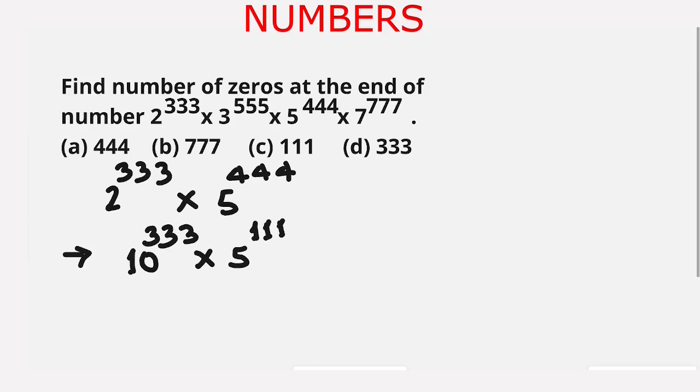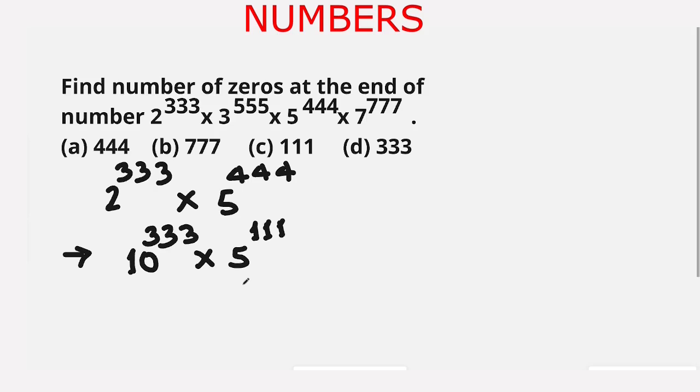In the given number, two more numbers are there, which are 3 to the power 555 and 7 to the power 777. But the multiplication of these numbers is not going to give us the number 10. So we have only taken two numbers, 2 to the power 333 and 5 to the power 444, and their multiplication gives 10 to the power 333 multiplied by 5 to the power 111.